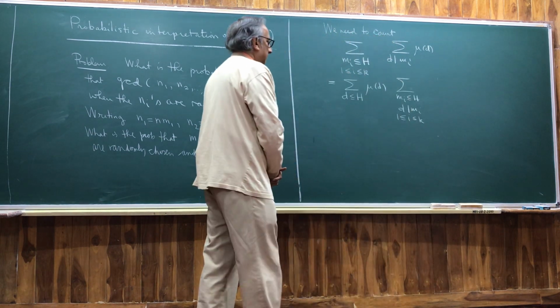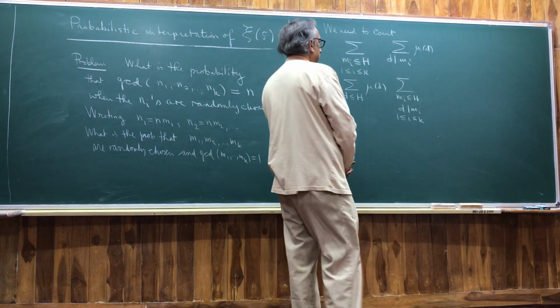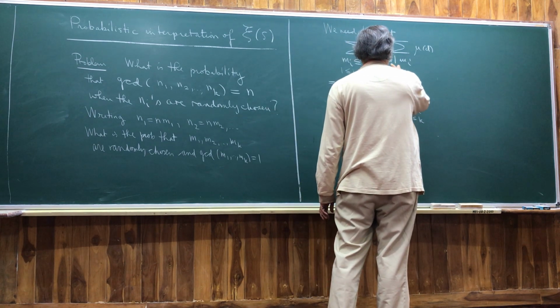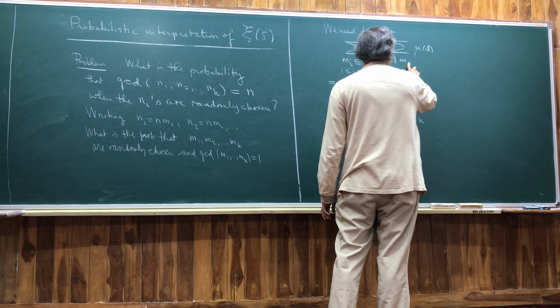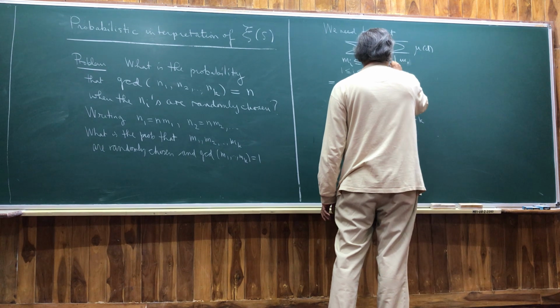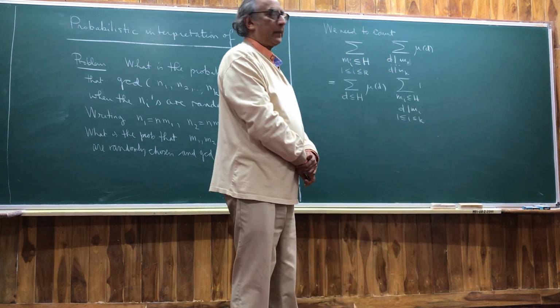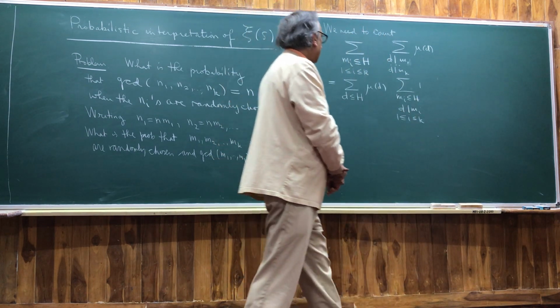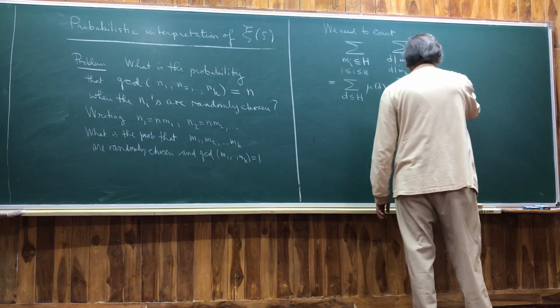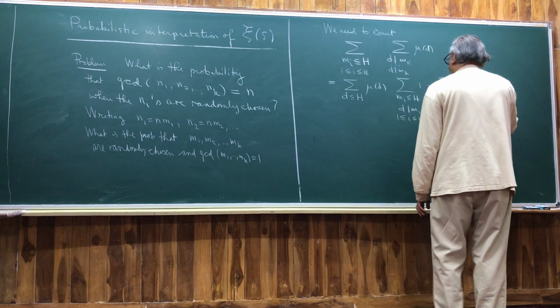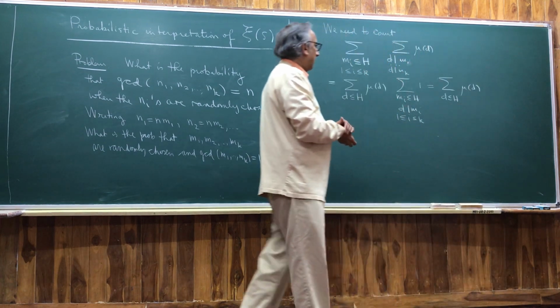So this notation means you want D to divide M1, D divides M2, and so on. That's what it means. So D divides all of them. And so if you do that, then of course you end up getting the summation over D less than H of Mu D. And then each of these Mi's are independent inside.